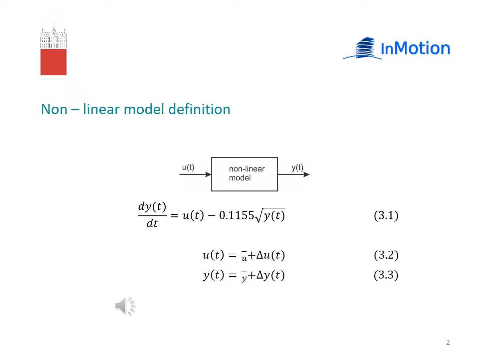Each variable of the nonlinear model can, without loss of generality, be represented by its value in the operating point and by the deviation of the variable from this value, as presented with equations 3.2 and 3.3. The operating point is indicated with an overline and the deviation from the working point with delta before the variable.